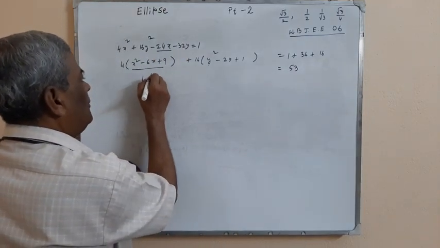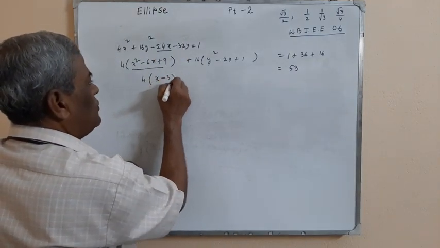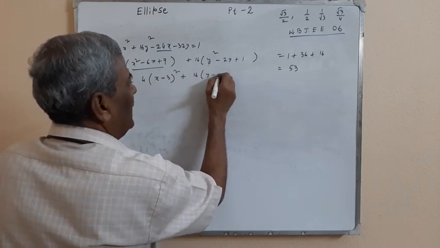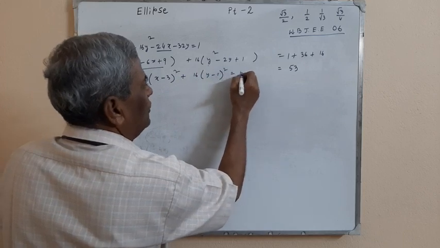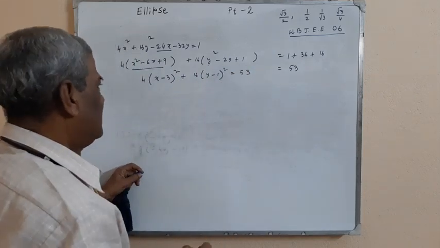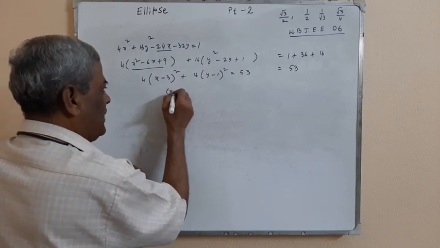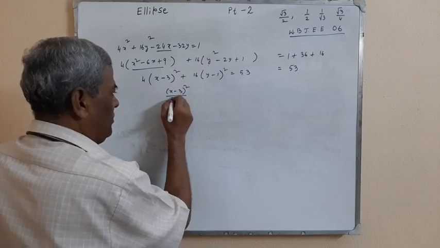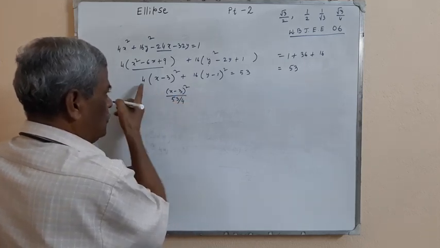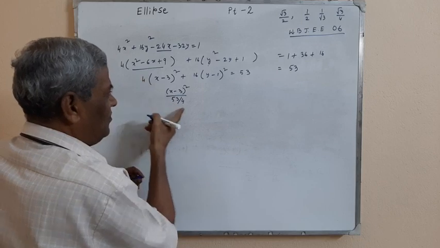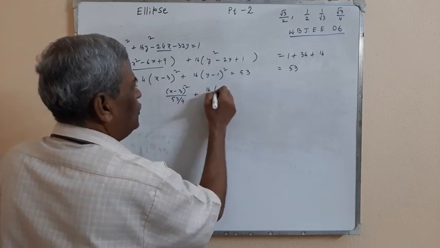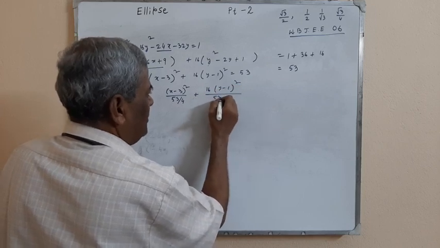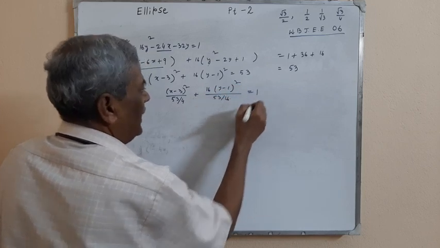That is 4 into (x minus 3) whole square plus 16 into (y minus 1) whole square is equal to 53. So (x minus 3) whole square by 53 by 4, plus (y minus 1) whole square by 53 by 16 is equal to 1.